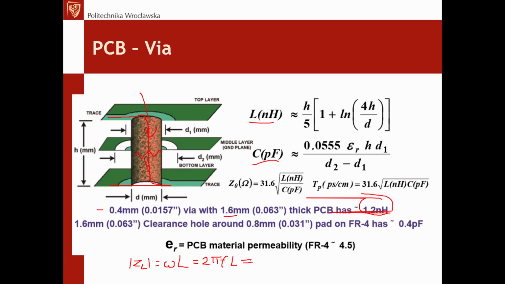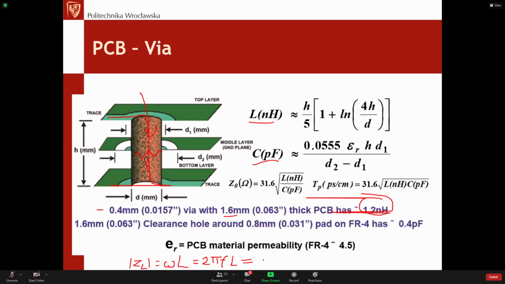And let's consider 2.4 gigahertz, which is something used very often today, because we have Wi-Fi, we have Bluetooth, we have OpenThread, we have Zigbee. So the Internet of Things is around us, and 2.4 gigahertz is a very common frequency. So take a look: 2π times 2.4 times 1.2 nanohenry.